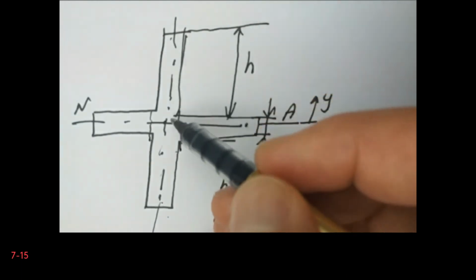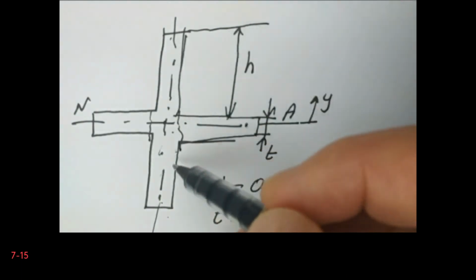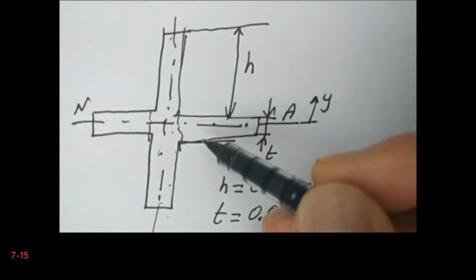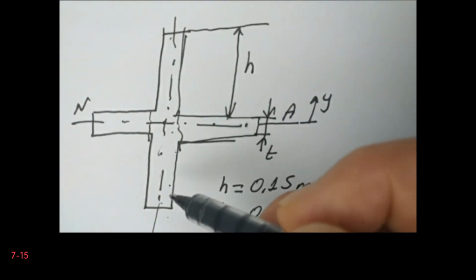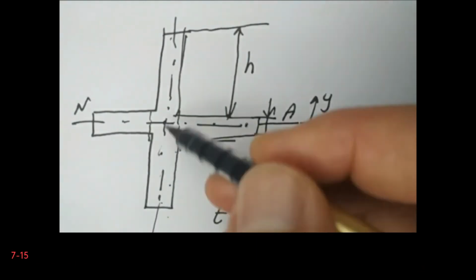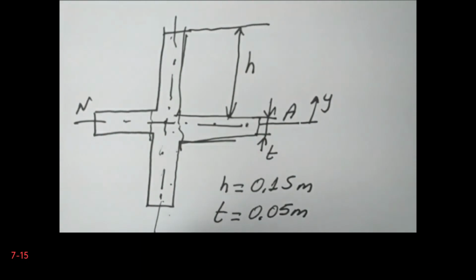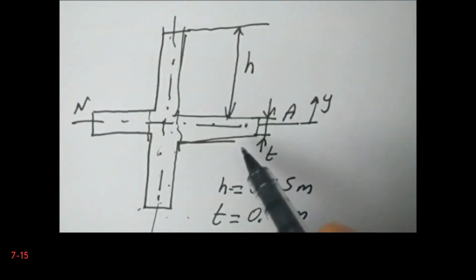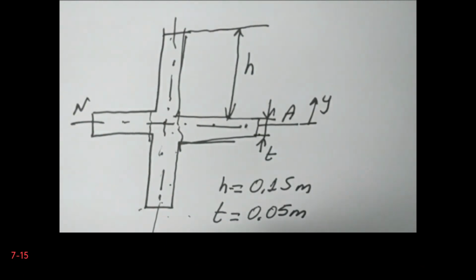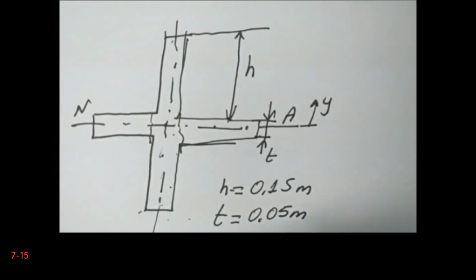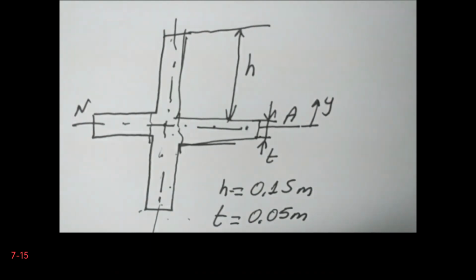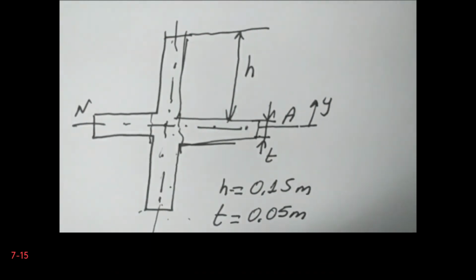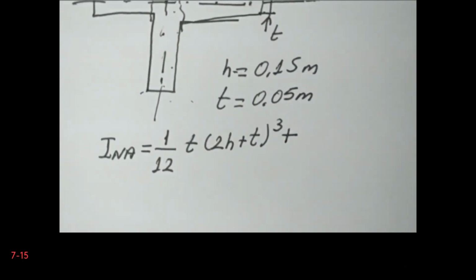So the moment of inertia of this rectangular part is 1/12, the width is t, and height is (2h plus t) to the power cube, plus, so this is the moment of inertia of the central part.